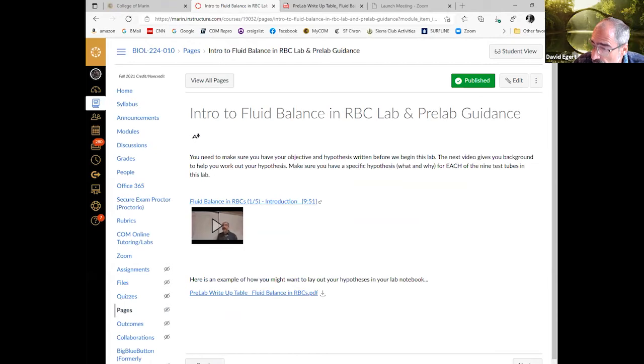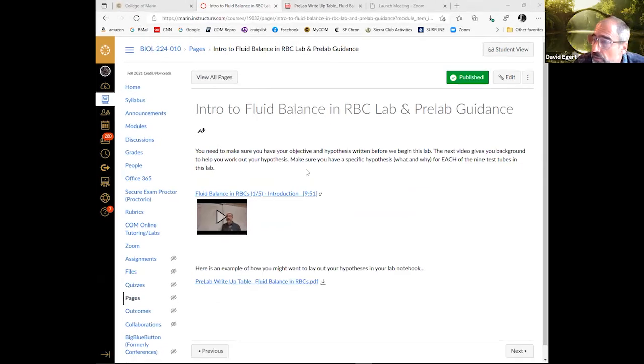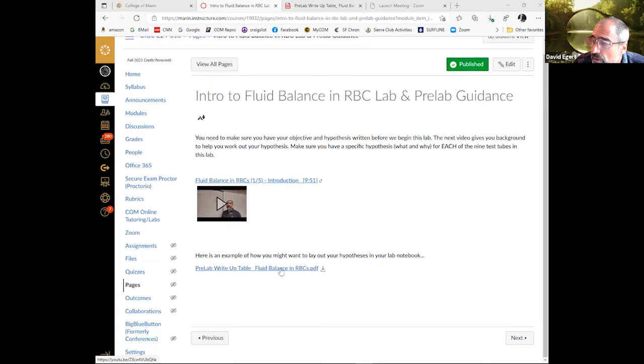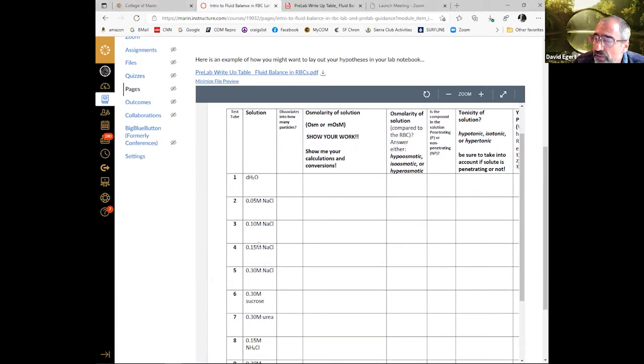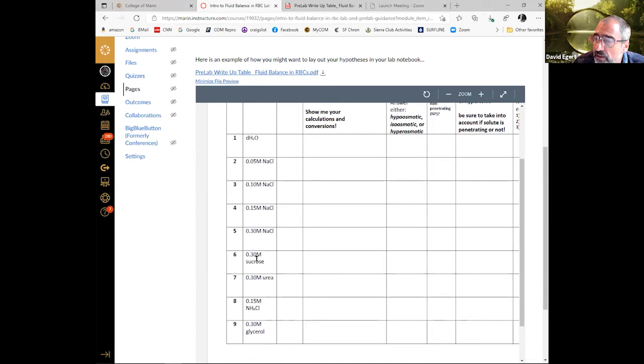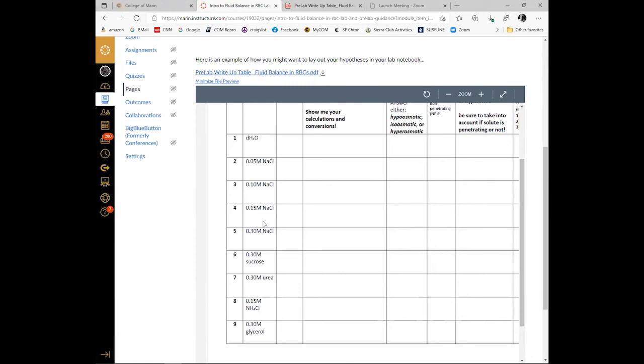Now I want to go back to this table. You can see what kind of things we are changing, the independent variable, in the different solutions. One is we're changing concentration, exactly.